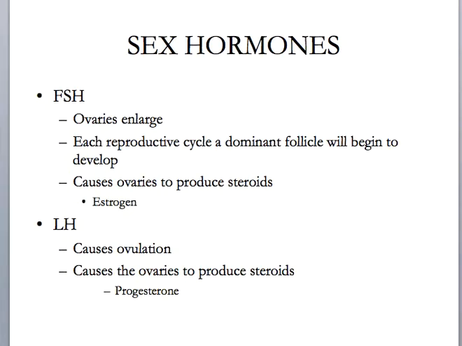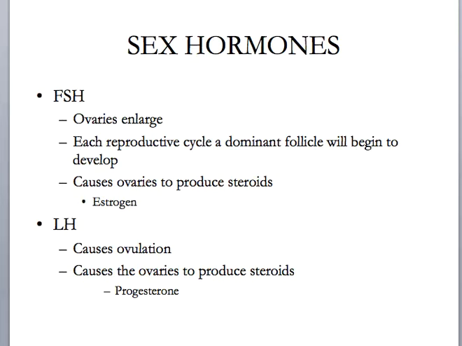The same sex hormones, FSH and LH, come from the anterior pituitary gland. FSH is going to stimulate, when it's released during the onset of puberty, the development and the enlargement of the reproductive organs, especially the ovaries. It stimulates follicle development within the ovaries.